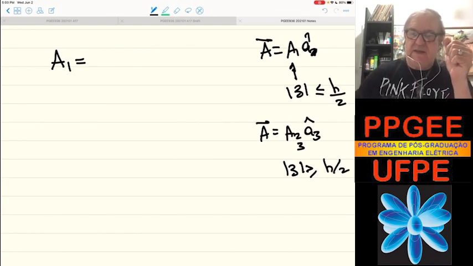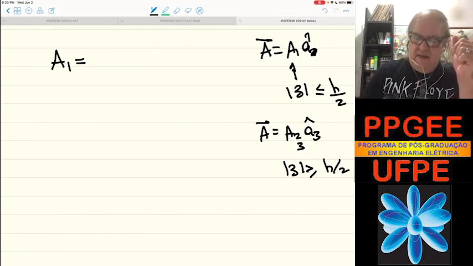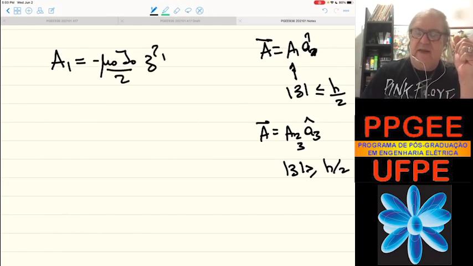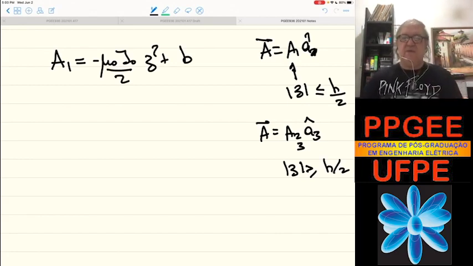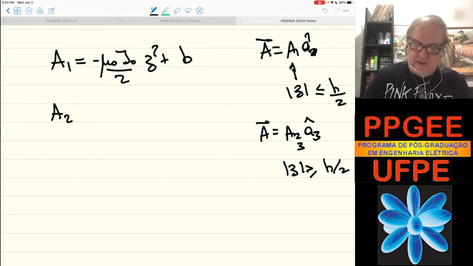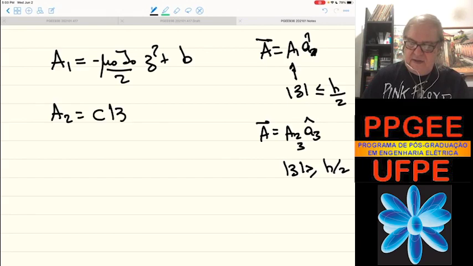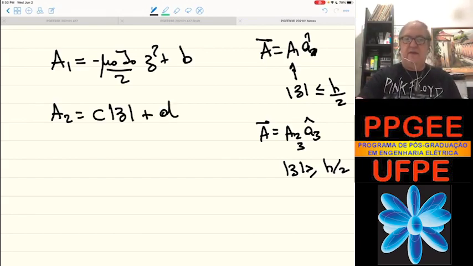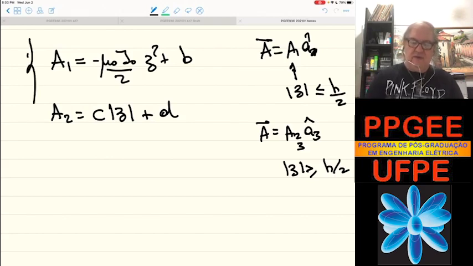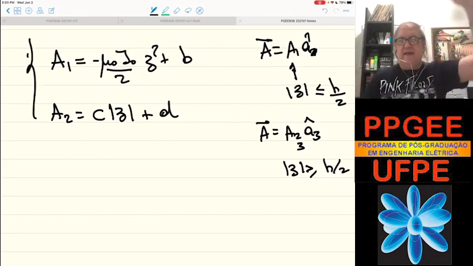Inside it is minus mu 0 J0 over 2 Z squared plus B. So a equals 0, that's what we proved. Outside, the solution is C times magnitude of Z plus D. That's the solution. We only have to work in the upper region.